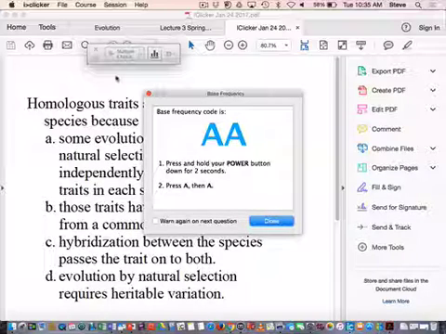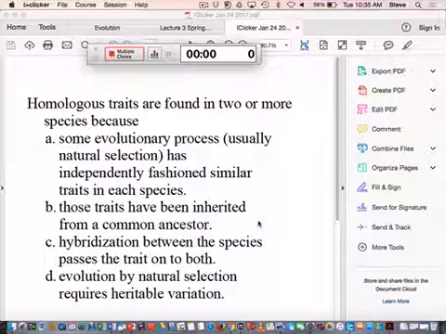What am I doing? Okay. I'll post these on Moodle too at some point.